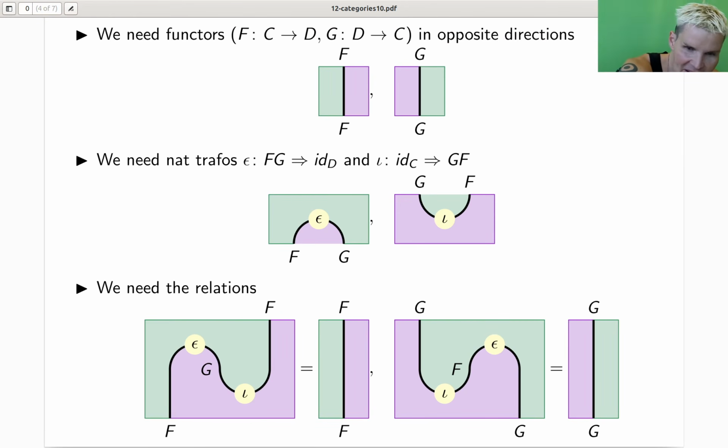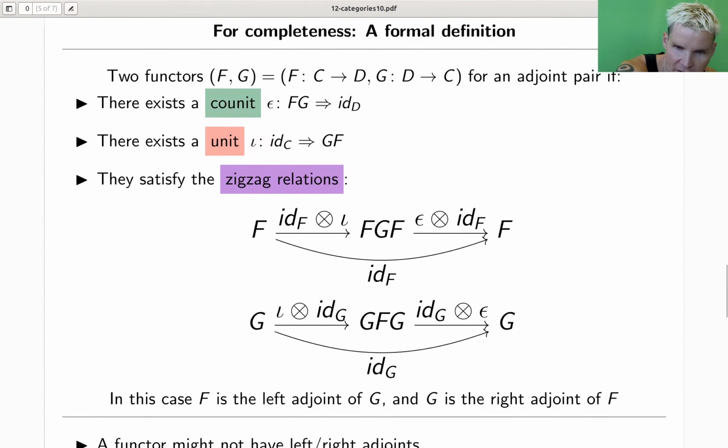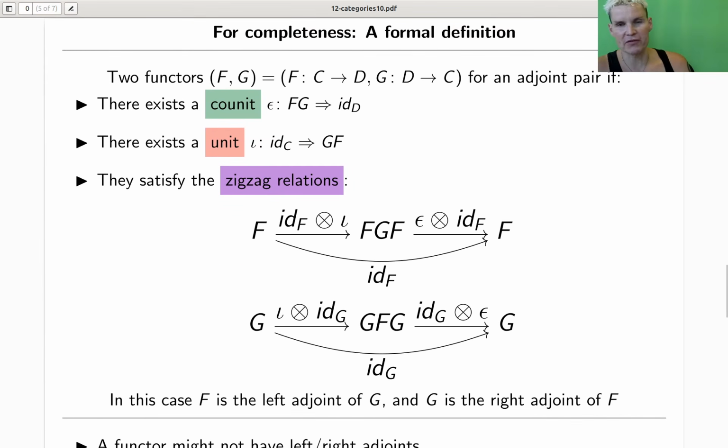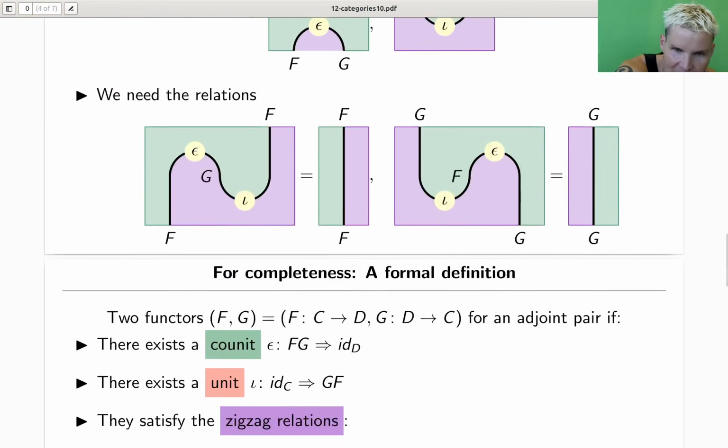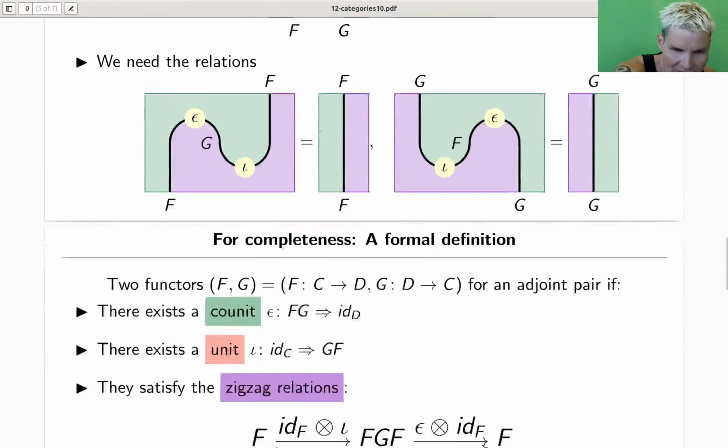Very nice. More formally, and this is how I would like to think about adjoint functors: two functors, exactly as on the previous slide, form an adjoint pair if there exists a co-unit, a cup map, and a unit, a cap map.